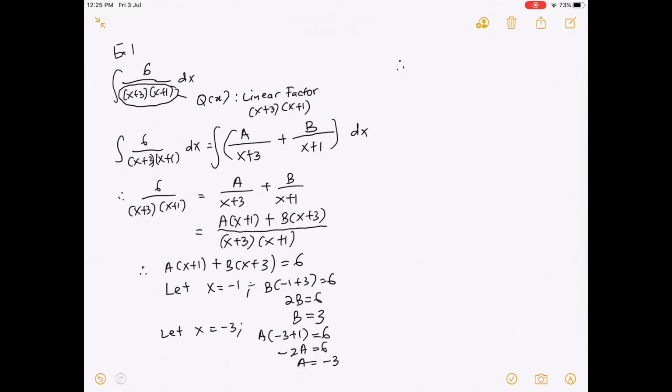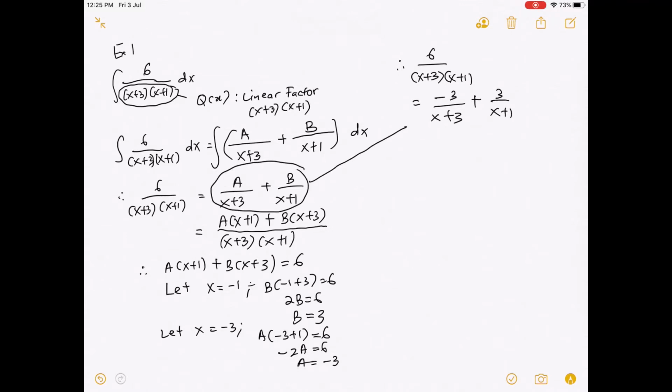So what I have is 6 over (x plus 3)(x plus 1) is actually equal to, your A is negative 3 and your B is 3. So the integration of this one is the integration of that one with respect to dx.